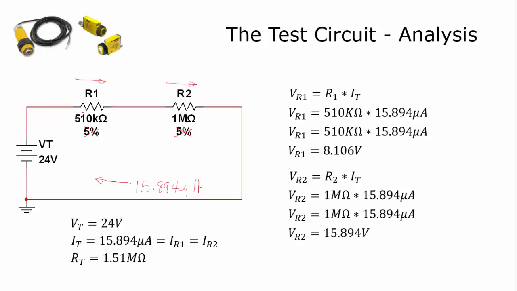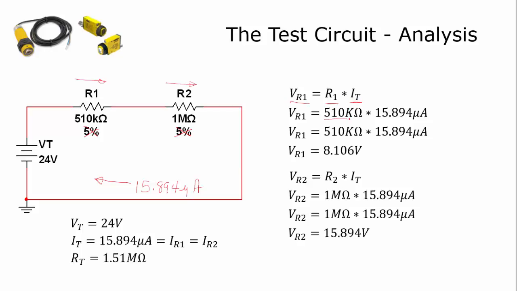Since I know the resistance and I know the current, I can calculate the voltage drop. And when I get the two voltage drops, they better add up to the source voltage. So the voltage across R1 will equal R1 times the current through R1, which is total current.